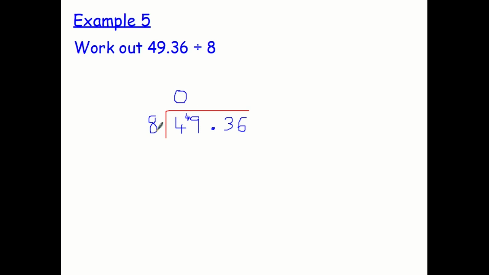My next question is how many 8s in 49? Well, I know that 6 8s are 48, and I've got 1 left over. Keep everything in line, put your decimal point there. How many 8s in 13? 1, remainder 5. And then how many 8s in 56? 7. So the answer is 6.17.